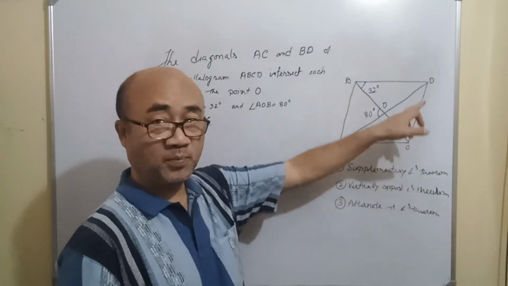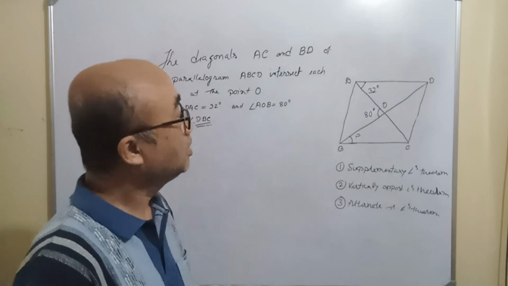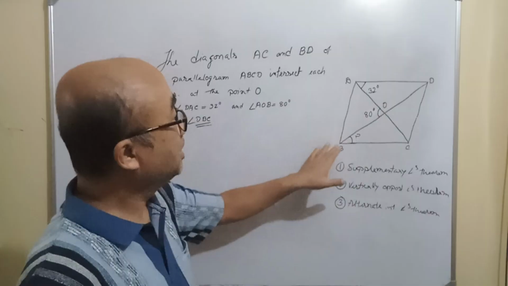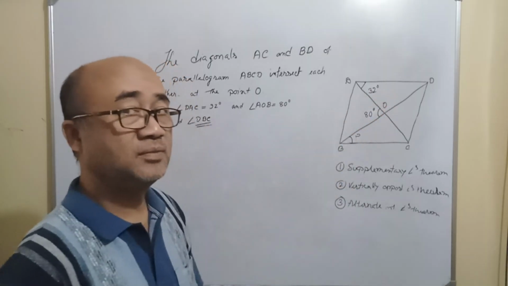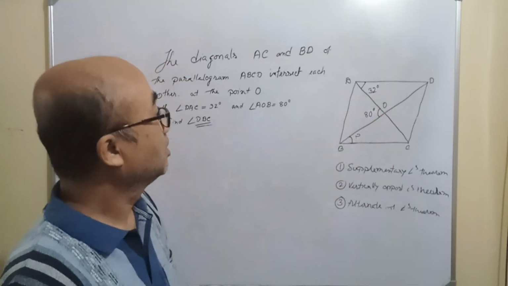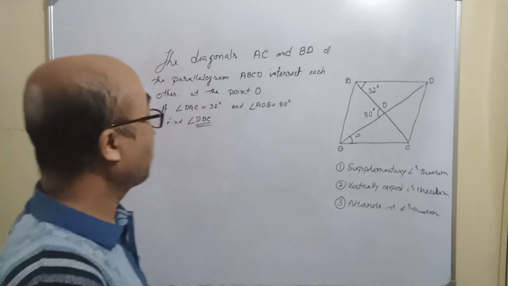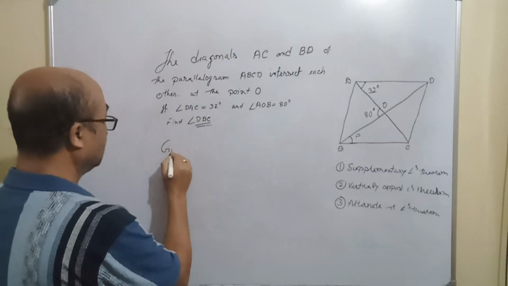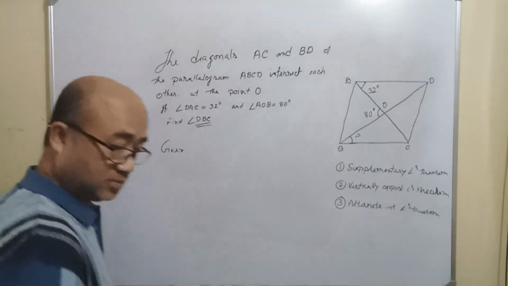ABCD is a parallelogram and AC and BD are two transversals.